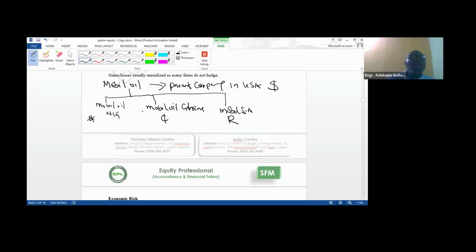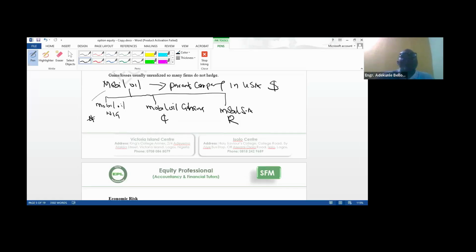That means the assets and liabilities of Mobil Oil Nigeria denominated in naira will be converted to dollar. The assets and liabilities of Mobil Oil Ghana denominated in cedis will be converted to dollar. The assets and liabilities of Mobil Oil South Africa denominated in rand will be converted to dollar.